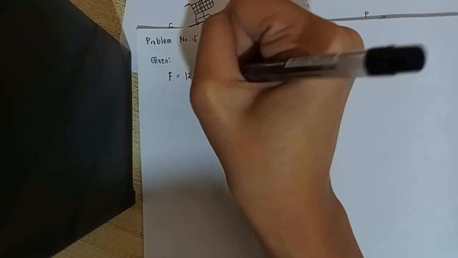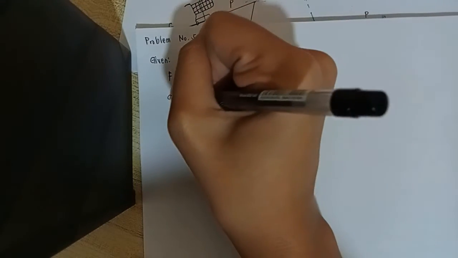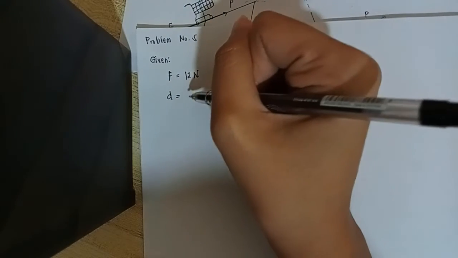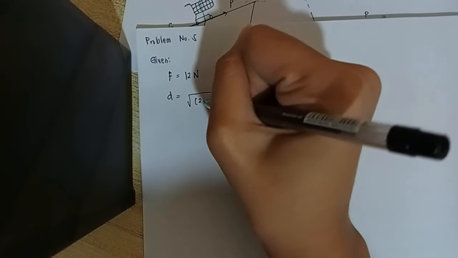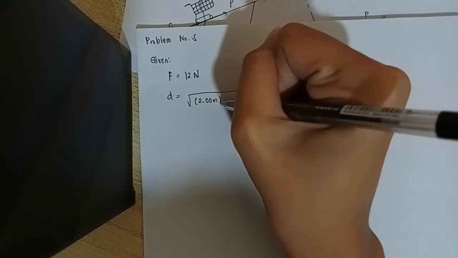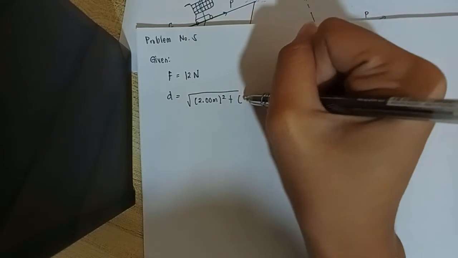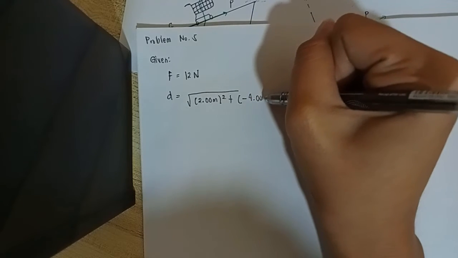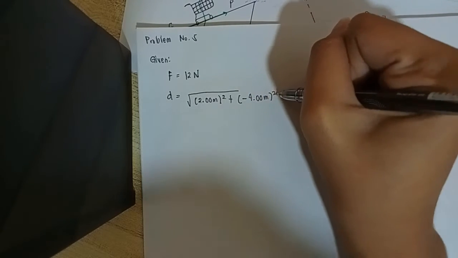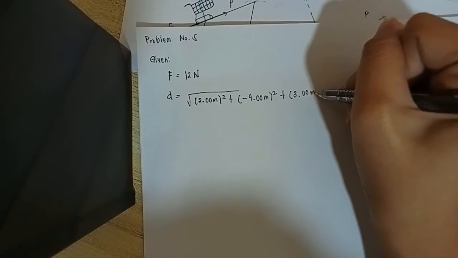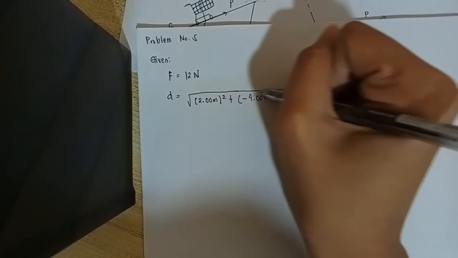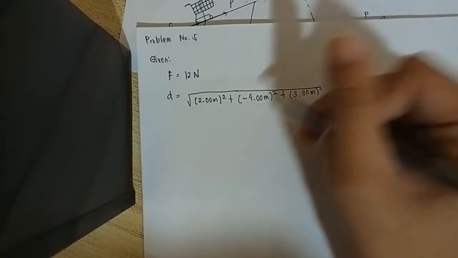So for problem number 5, we will still write our givens. Our force is 12 Newton. Our displacement, we could solve it by the square root of 2.00 meter squared plus negative 4.00 meter squared plus 3.00 meter squared.